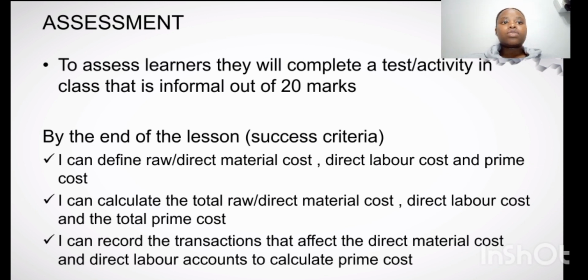So if you are a student and you can define the raw material, direct labor, and prime cost, and if you are able to calculate the total direct material, total direct labor, and also calculate the prime cost, and if you can record transactions that affect these accounts in order to calculate your prime cost, then you have achieved our learning intentions.